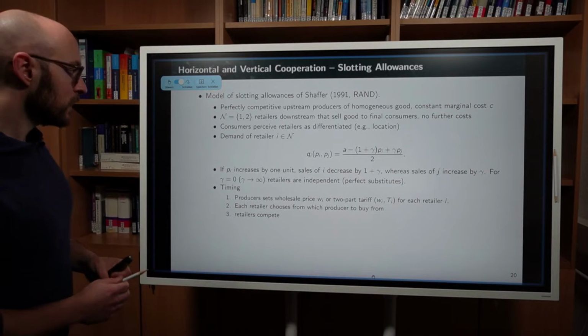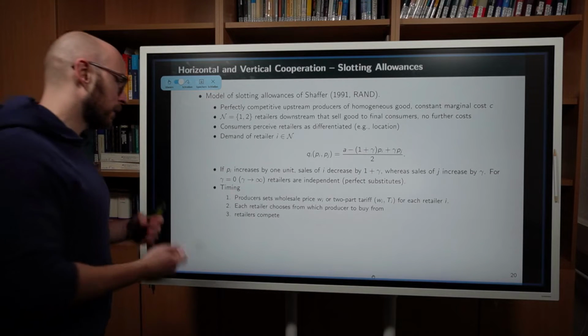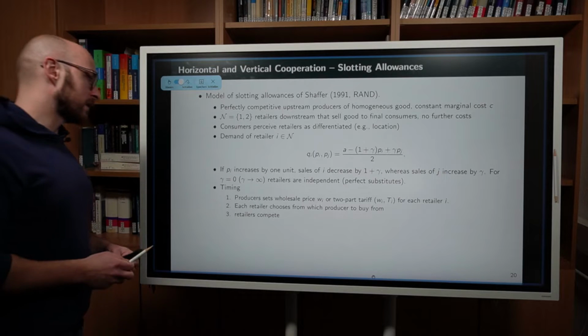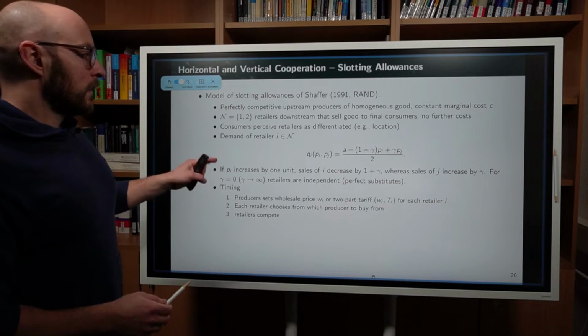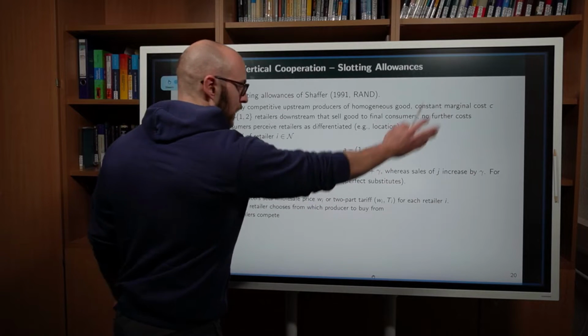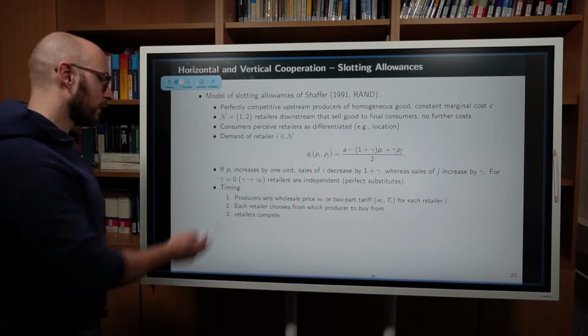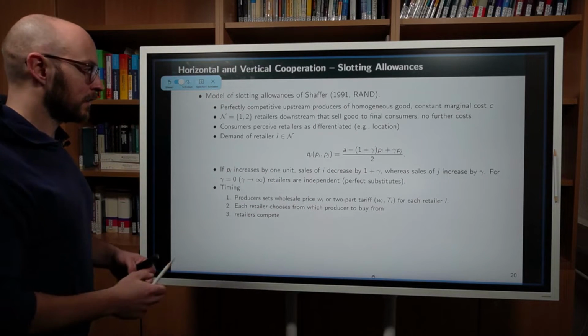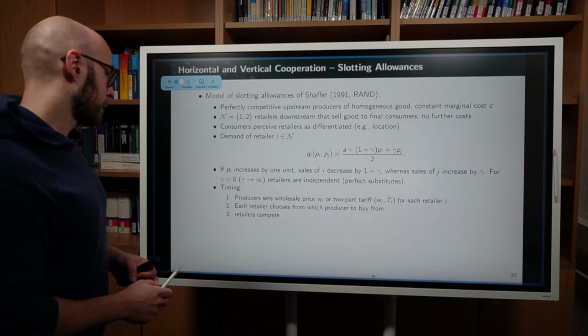So basically a similar setup as before with B and D, but only with one parameter here. If gamma is equal to 0, this term disappears, and each one is a monopolist. If gamma approaches infinity, we basically have two perfectly interchangeable retailers.